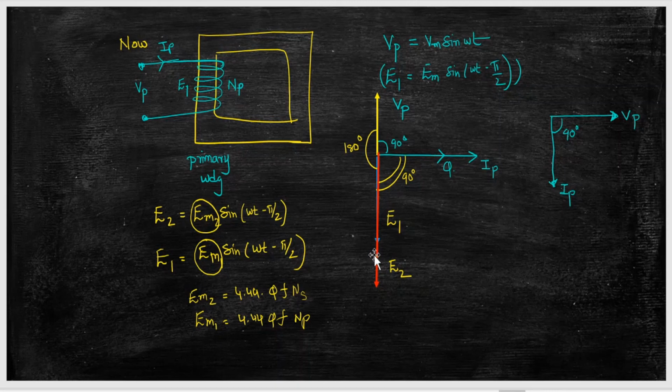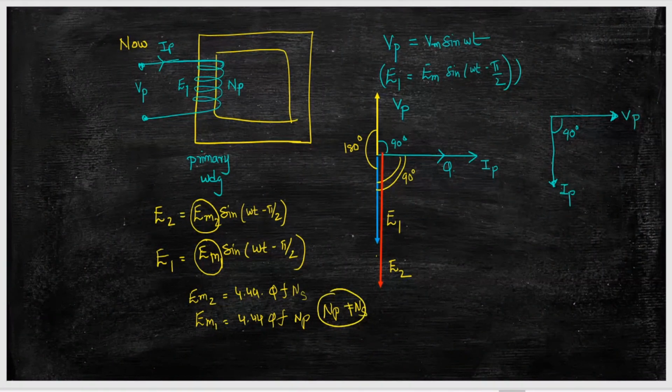So both will have the same direction, but the magnitudes may differ because NP and NS are not equal. Since they are not equal, we are going to have E1 and E2, lagging 90 degrees behind phi.